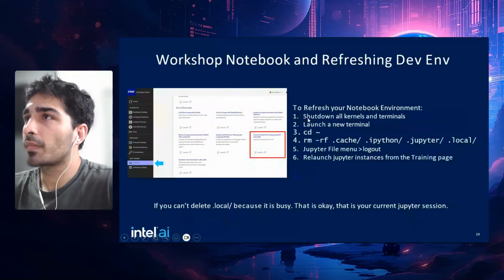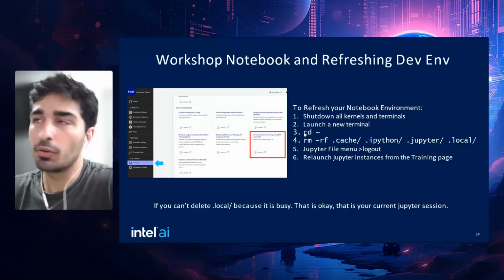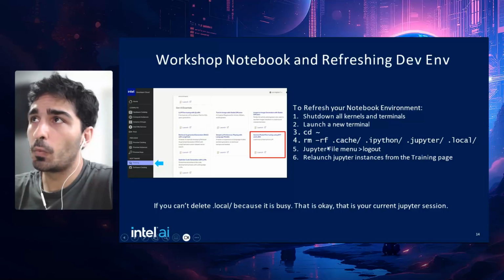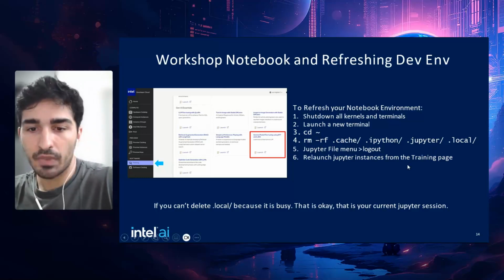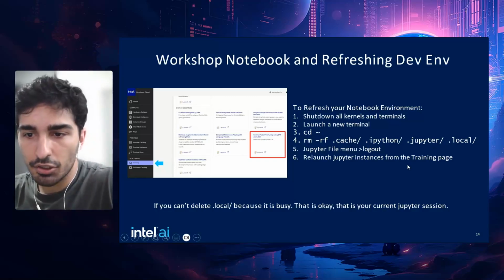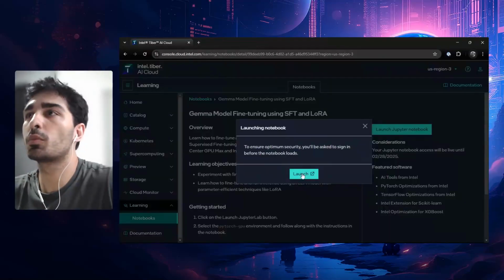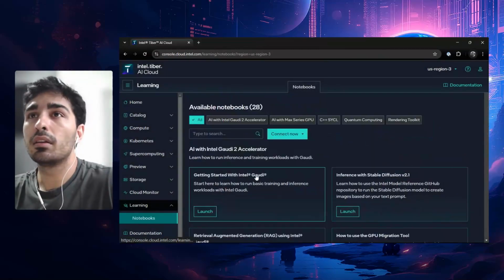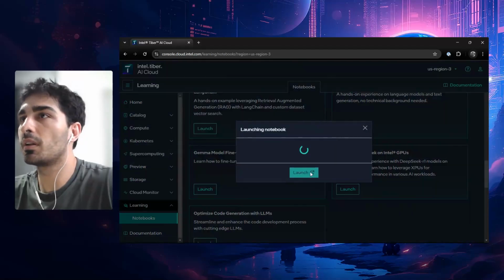So yeah, going back to our hands-on, what I want you guys to do is, if you already ran this code here, executed in your terminal, let's go back to this page. You can close this tab, and let's go back to Gemma. You can launch that again.